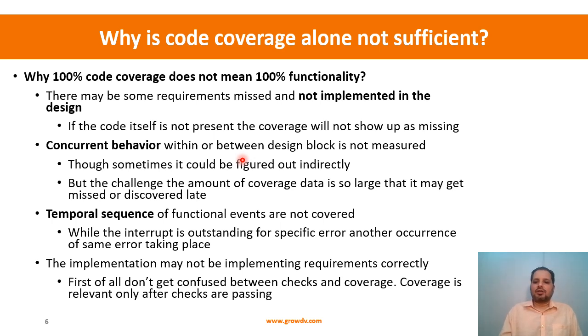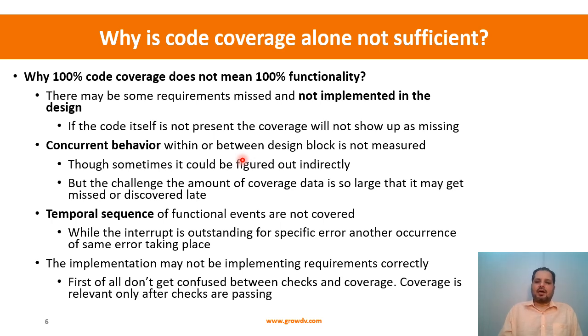Indirectly figuring something out is also error prone, and hard because of the total amount of data that gets generated. But the bottom line is, there is nothing that the simulator officially provides to tell you whether something happened concurrently together. That's not in the scope of the code coverage metric. So lack of concurrency is one of the biggest limitations of code coverage.